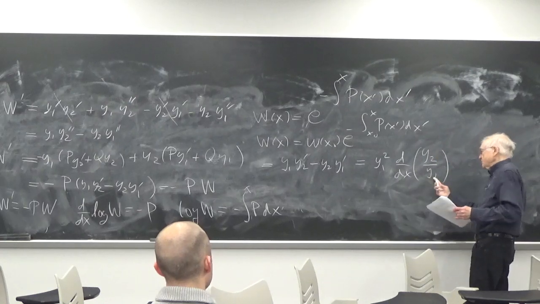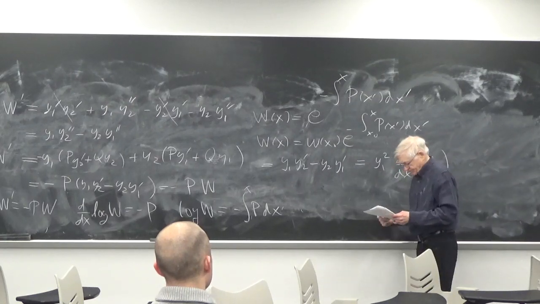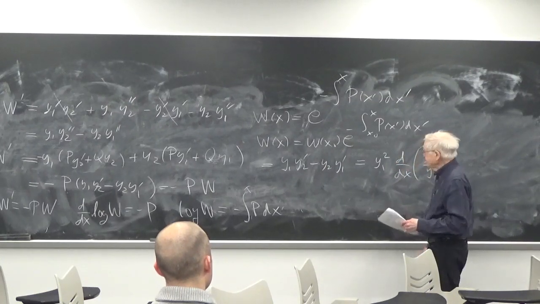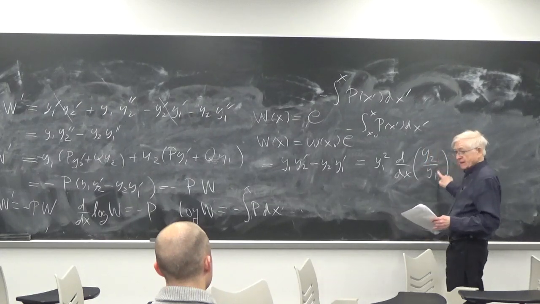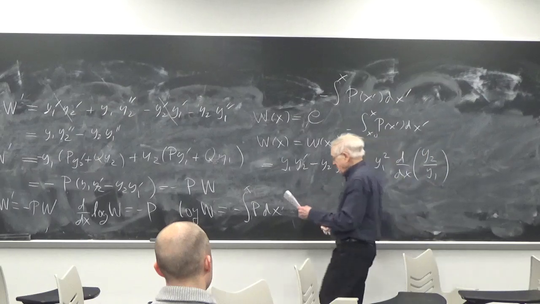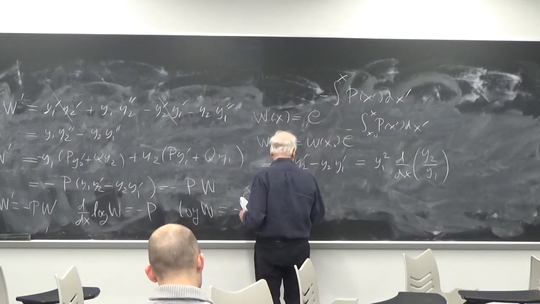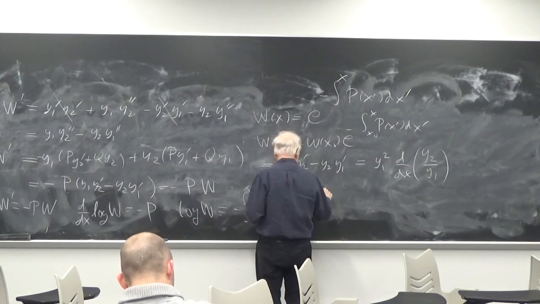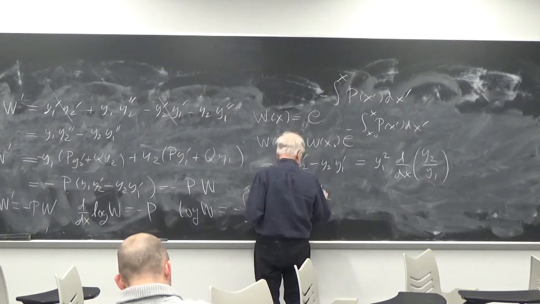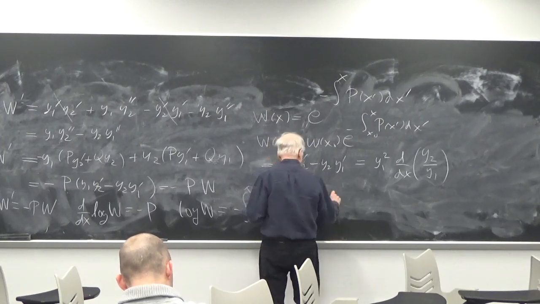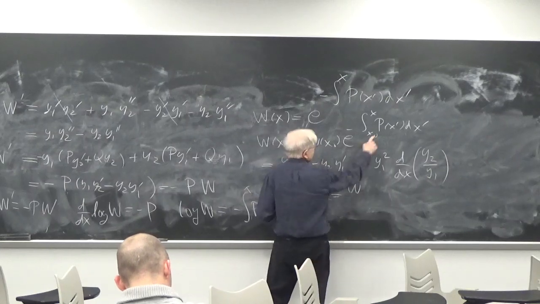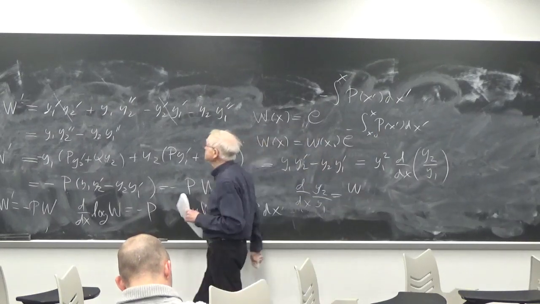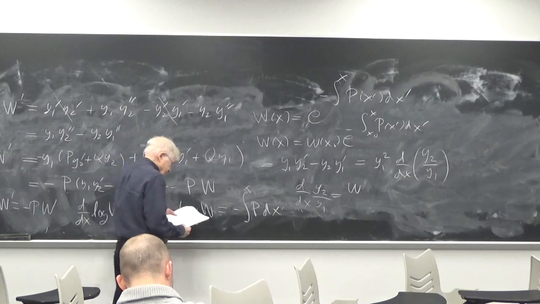And then if you differentiate y1, you get the other term. So this is a differential equation for the ratio of the two solutions, namely d by dx of y2 over y1 is the Wronskian over y1 squared, where the Wronskian we already know just from the differential equation.